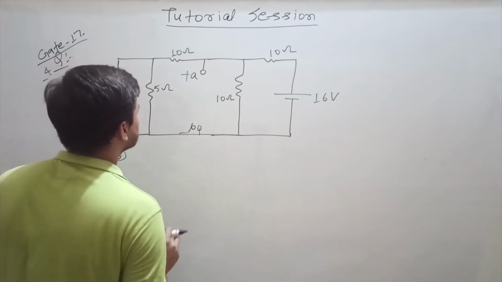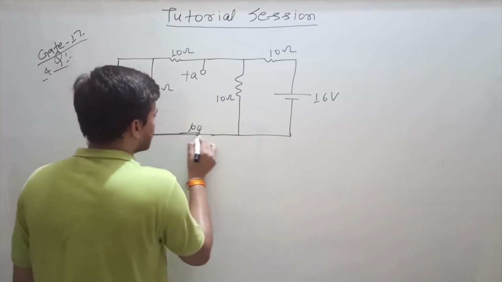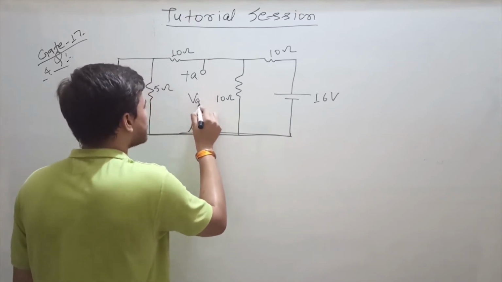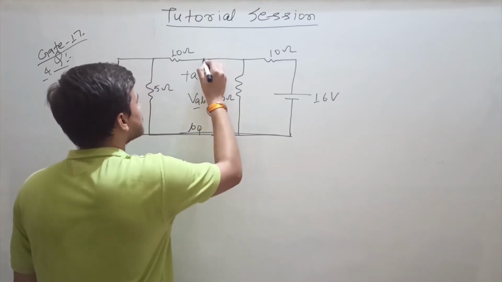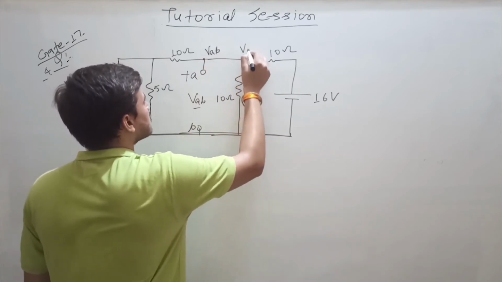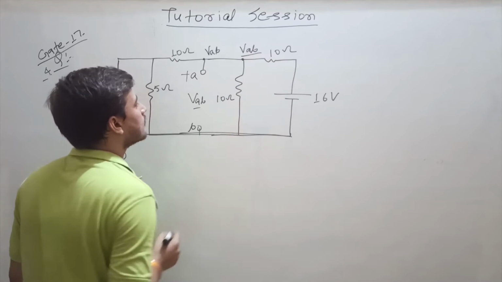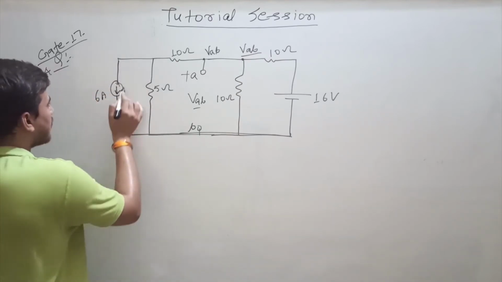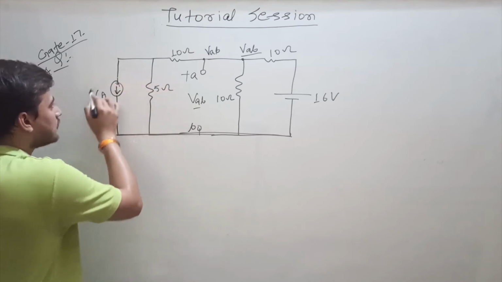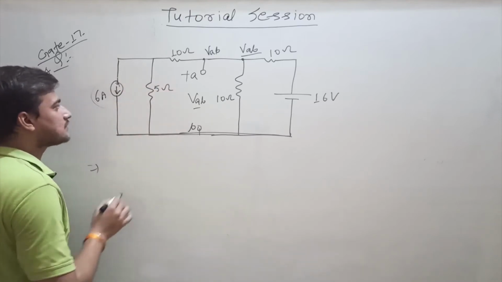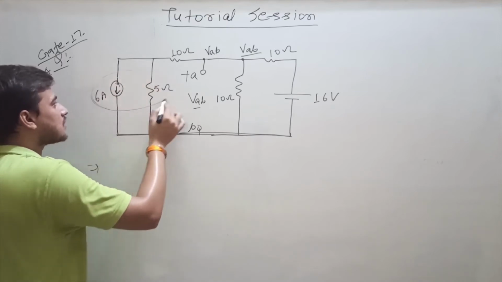See here. This potential is 0. If this potential is 0 and this potential is VAB, then the potential of this point will be equal to VAB. Next, a current source is connected in parallel with this resistance, so you can go for source transformation.